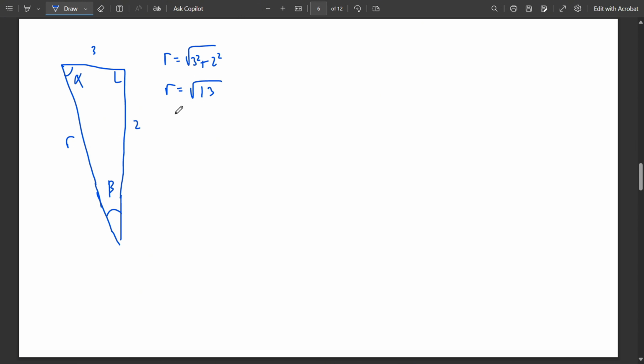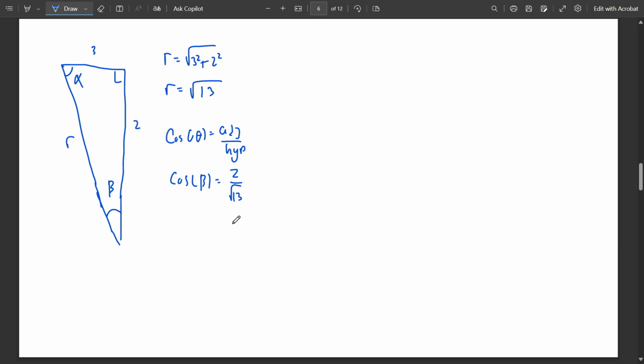So our cosine of some angle theta is equal to our adjacent over our hypotenuse. So in here, our angle is beta. So cosine beta is equal to adjacent. This is our adjacent side, 2, over our hypotenuse side, square root of 13.